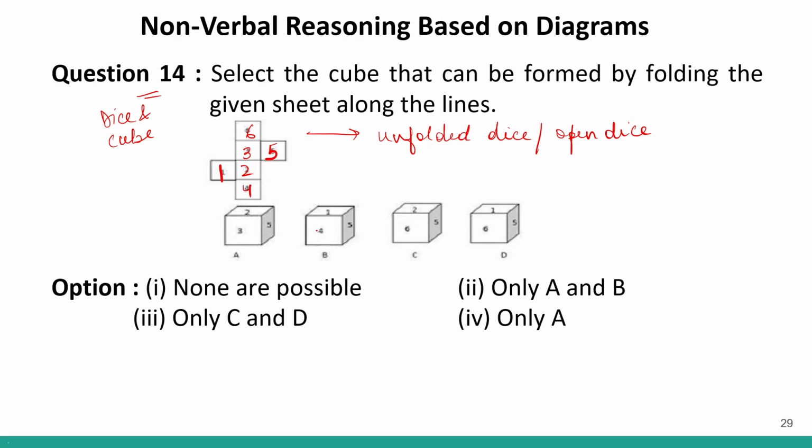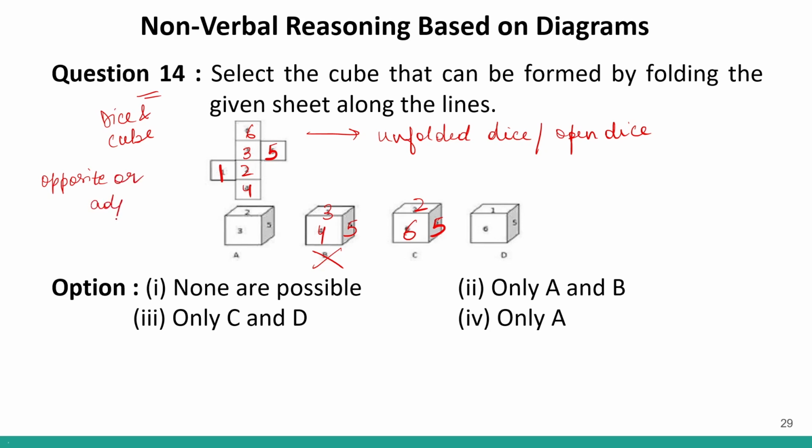So over here I have 4, 3 and 5. Now if I have 3 and 5, the adjacent numbers will be either 6 or 2. 4 cannot be adjacent to 3 and 5, so B is eliminated. Similarly, we have 6, 2 and 5. Over here, 6 and 2 cannot be adjacent because they are opposite to each other. They can be either opposite or adjacent.